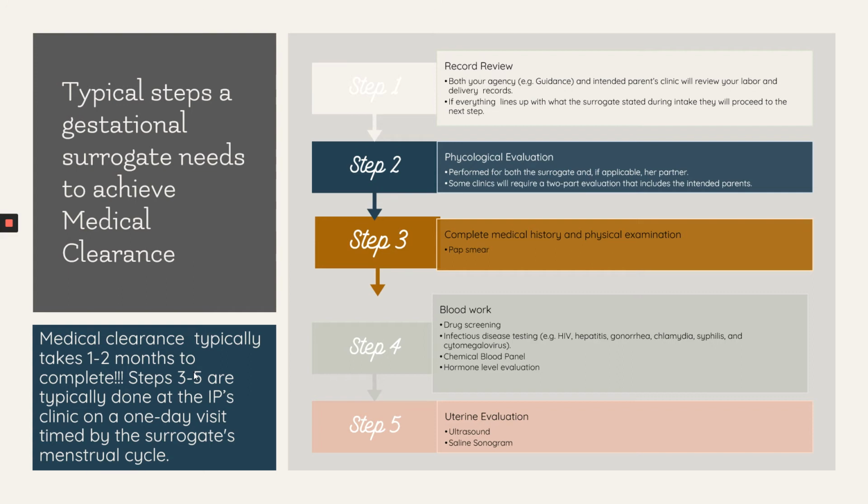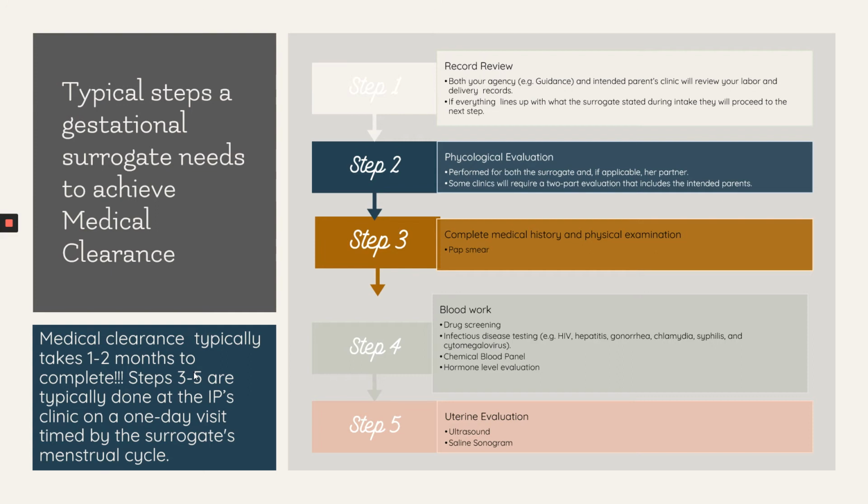At this in-person appointment, they will complete extensive blood work, including drug screening, infectious disease testing, a standard chemical panel, and your hormone evaluation. Also at this appointment is a uterine evaluation, which is an ultrasound. They'll do an ultrasound, and more commonly, they will do a saline sonogram. That is something you can definitely Google and look into to see if you're comfortable with, but that is a requirement for surrogacy.